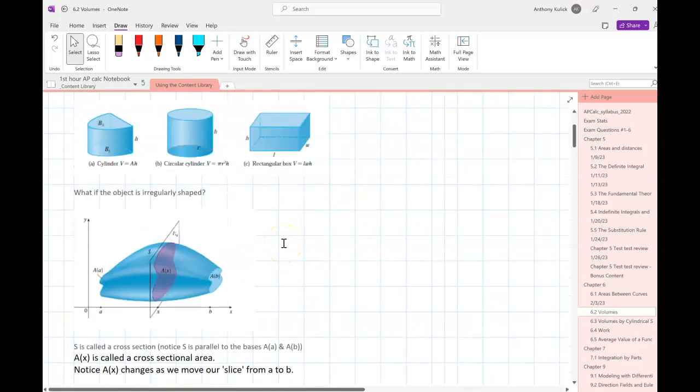But what if the shape is really irregular, like this region or this shape here? How could we approximate the volume for this shape?